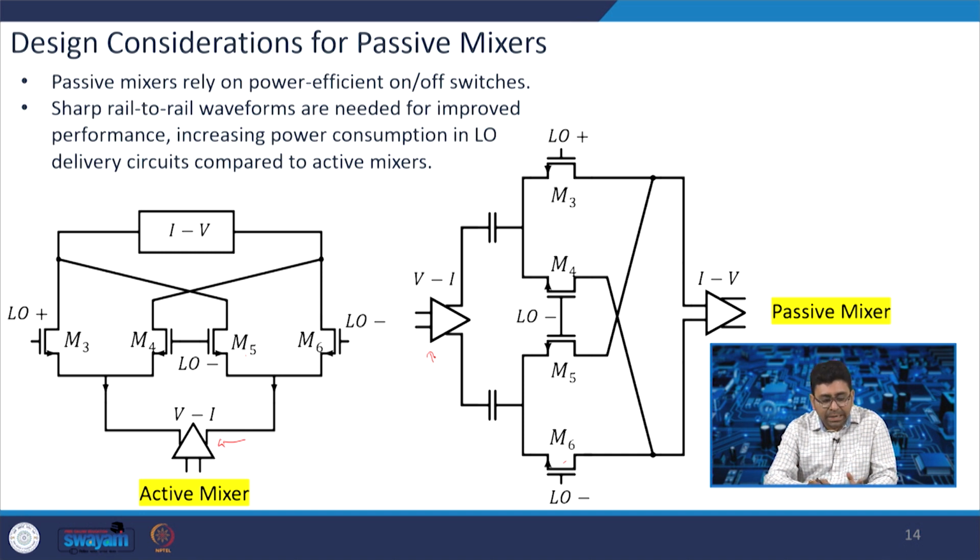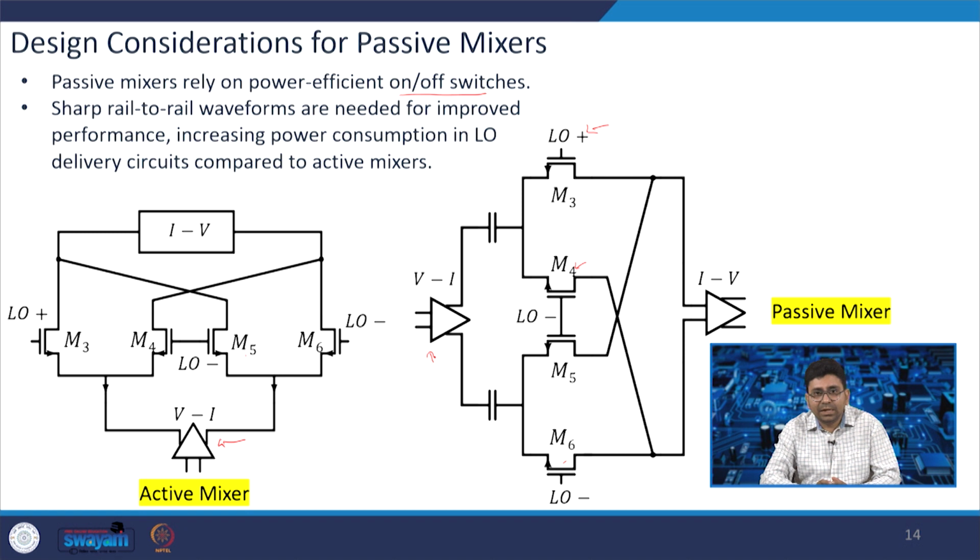Passive mixers rely on power efficient on-off switching. This switching requires a high LO power, and it should be efficient, so a sharp rail to rail waveform is needed for improved performance.